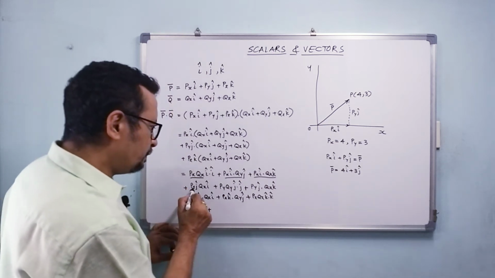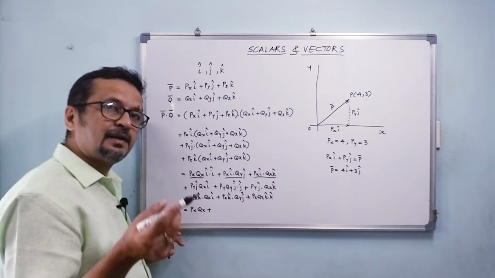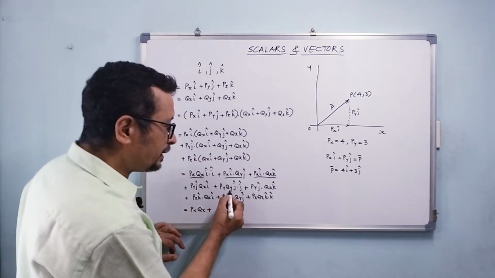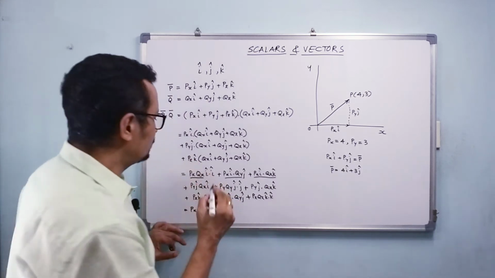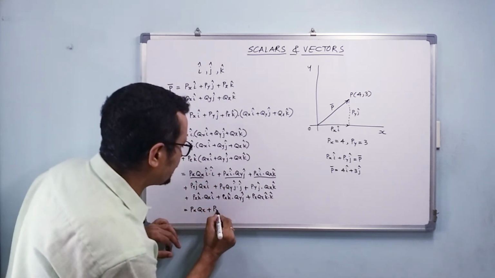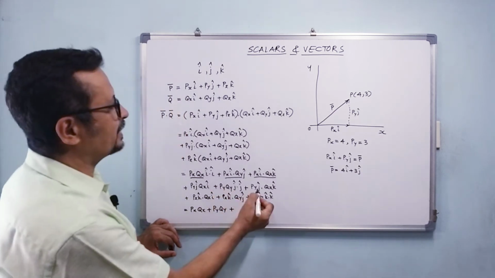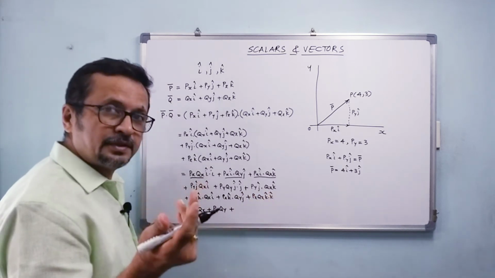Py j cap qx I cap. So j cap and I cap are perpendicular to each other, so again that is 0. Py qy, yes, py qy, and j cap dot j cap is equal to 1, so I am having py qy here. Then next, j cap dot k cap, perpendicular to each other, right?